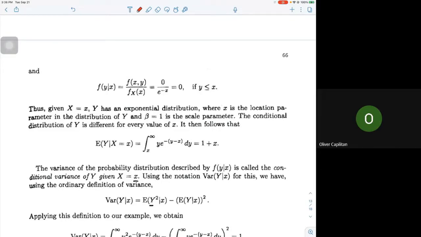Okay, so here we have the integral from negative infinity to positive infinity of y times the conditional PDF of y given x, which is e to the negative quantity y minus x, dy.